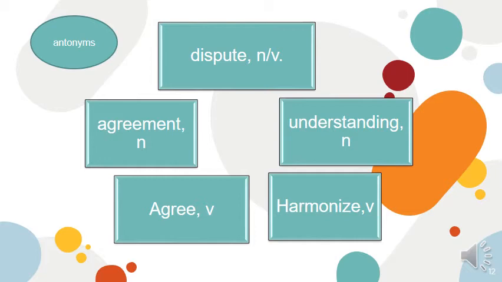These are the nouns. And also if we look at the verbs, we find agree and harmonize. Harmonize means to agree, be in harmony with something, in the flow of something.